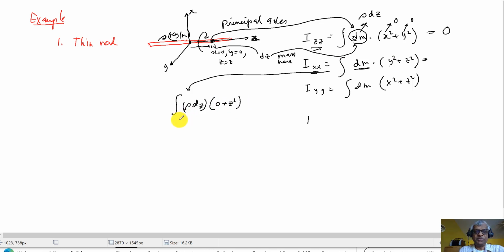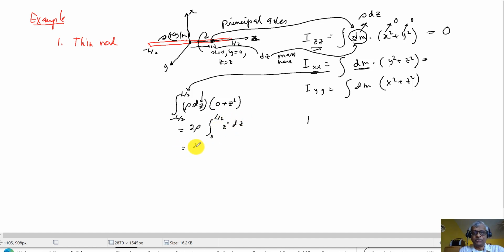So if I do this integral z over z, the z in here can go from minus L over 2 to L over 2. So I've got a rho, and I have an even integral, so 2 times the integral from 0 to L over 2 of z squared dz.